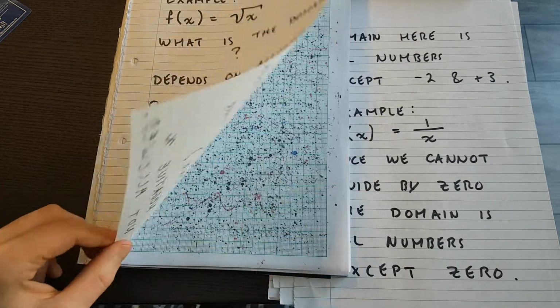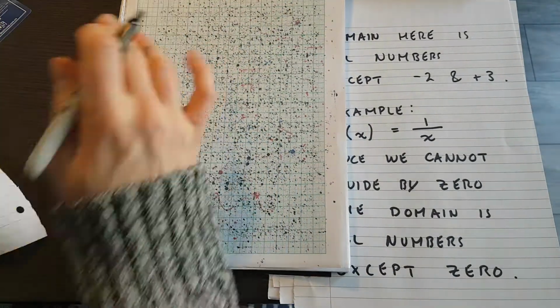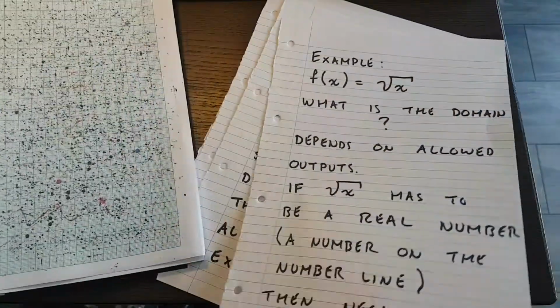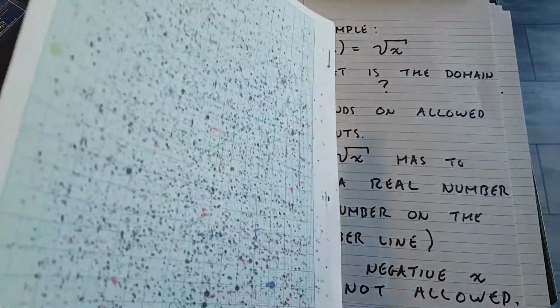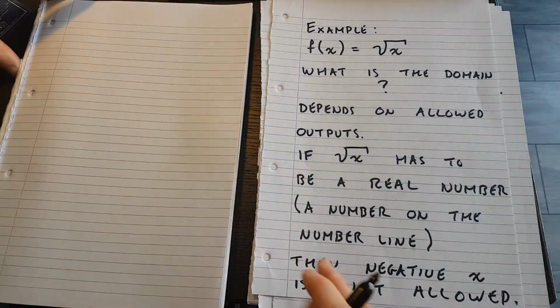Okay. If, however, I'm allowed to have a complex number, then this is not a problem.